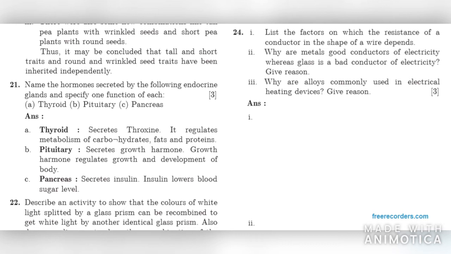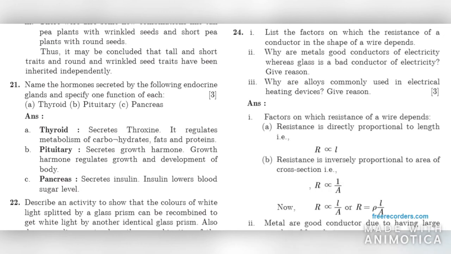As you know, metals have a large number of free electrons, therefore they have low resistivity, whereas glass does not have any free electrons, therefore its resistivity is higher. Now, the third part says, why are alloys commonly used in electrical heating devices? Alloys are used in electrical heating devices due to their high resistivity and high melting point, which produce more heat. That's how you need to write the answer for these three.